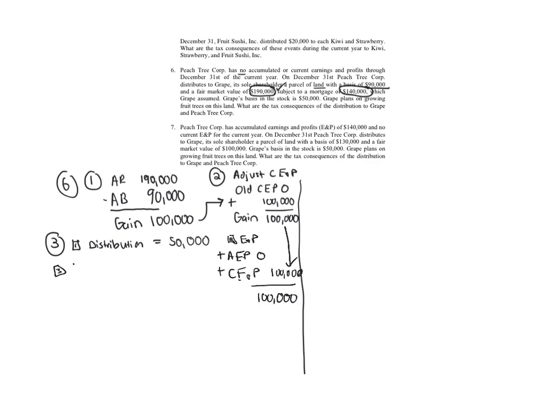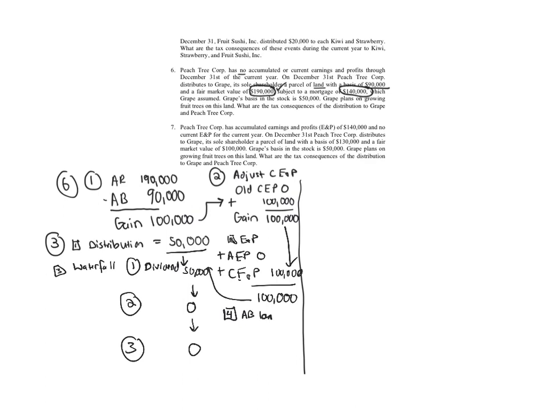Part 3, waterfall. We've got a $50,000 distribution. Step 1 is to the extent of E&P, we have dividend. We have $100,000 of E&P. That means that all $50,000, guess what, is a dividend. Part 4, the adjusted basis of the land equals fair market value.